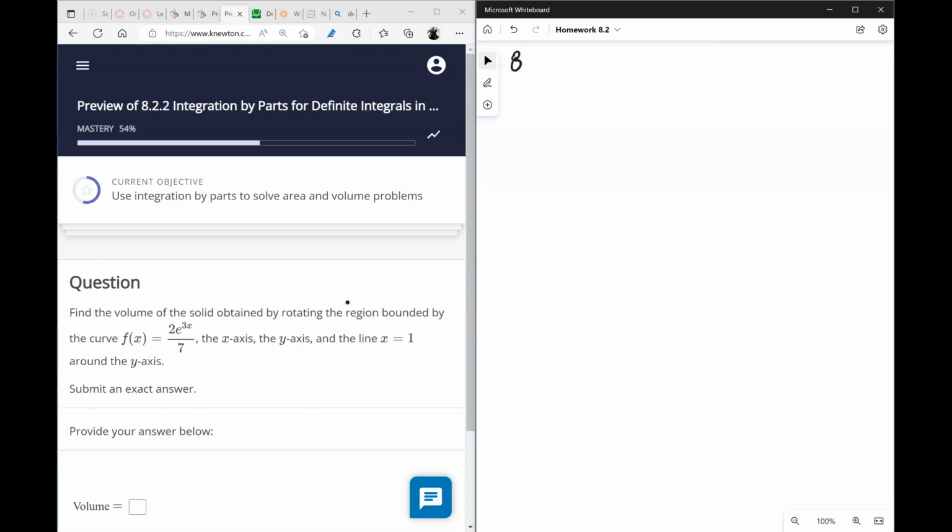Problem number 8. And this is finding the volume. We're rotating about... I need to see this one.